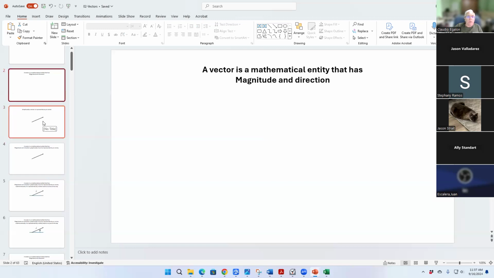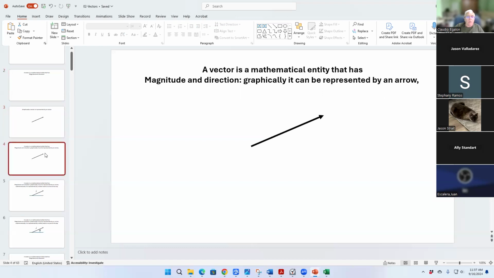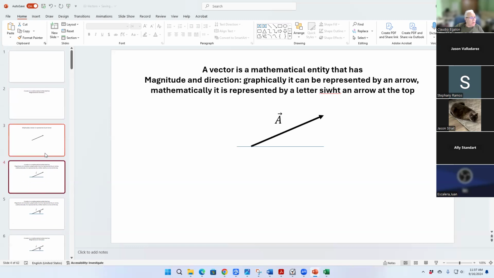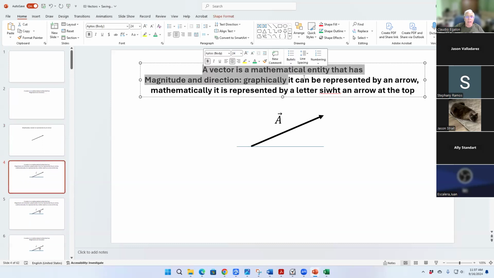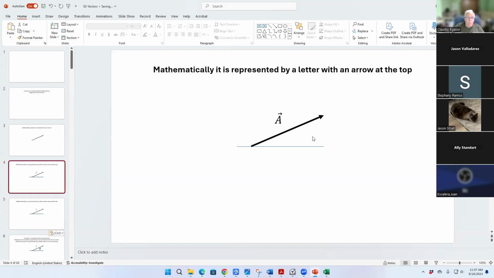Mathematically, this is represented by a letter with an arrow at the top. Okay. We don't need this horizontal here.